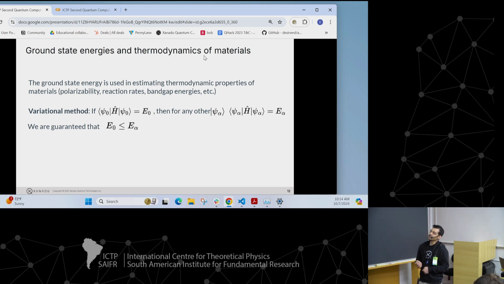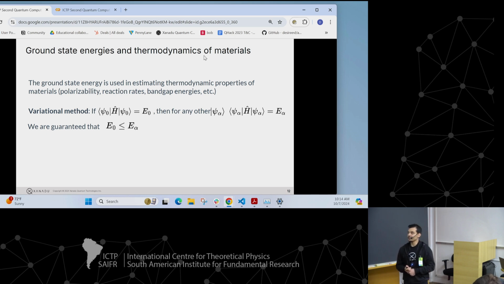The idea of the variational method then is if you take literally any other wave function that depends on a series of parameters that I'm calling alpha here, you can estimate the expectation value of your Hamiltonian using this new wave function, and you'll get another estimate for the ground state energy that's going to depend on these parameters.